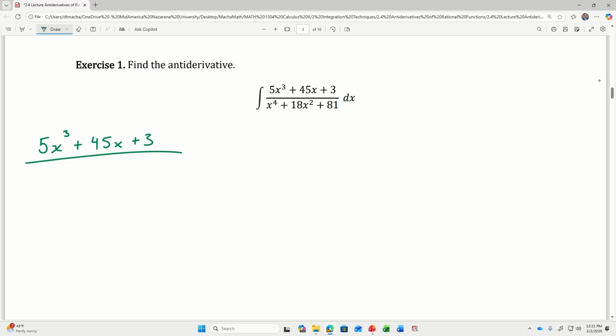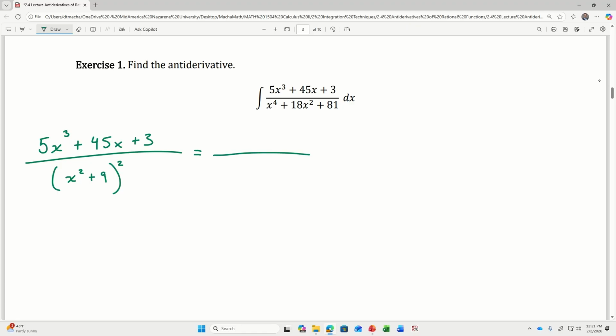And how does this denominator factor? Yeah, x squared plus 9 times x squared plus 9. That works. So that's a repeated, irreducible quadratic factor. And hopefully you remember how to do this.